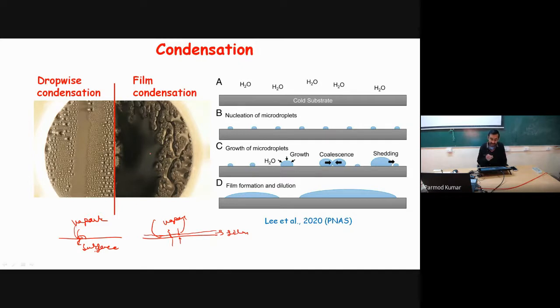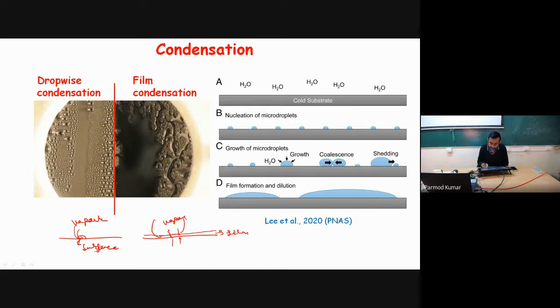So our aim always while designing surfaces for condensation heat transfer is to operate in the drop-wise mode, so that we can have more contact between vapor and the surface and a high rate of heat transfer.